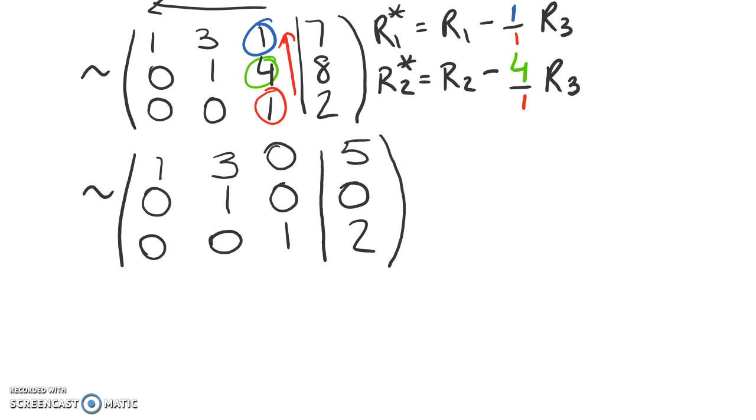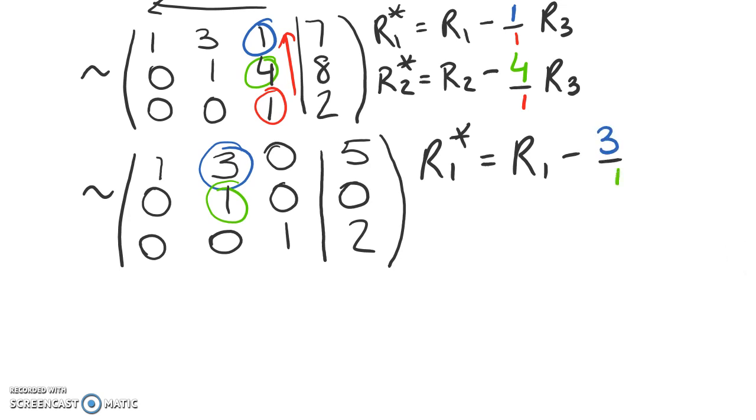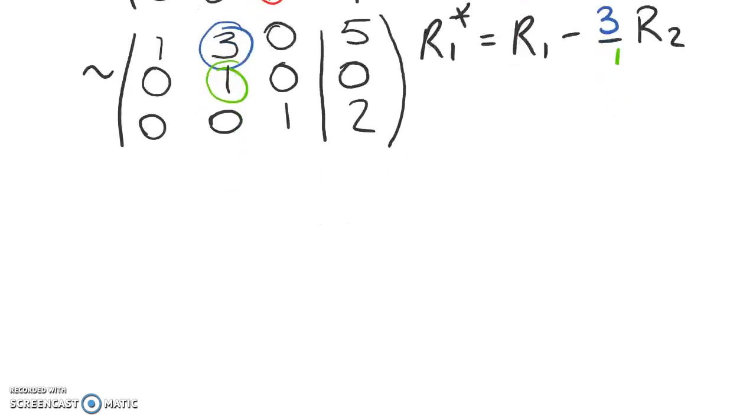As we're moving along, our pivot is now this value in green here, and we're going to zero out this 3. So row 1 star equals row 1 take away the number to be zeroed divided by the pivot times row 2. So let's do that.